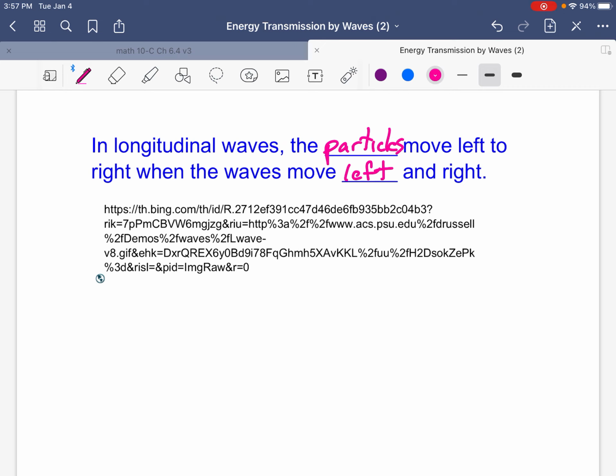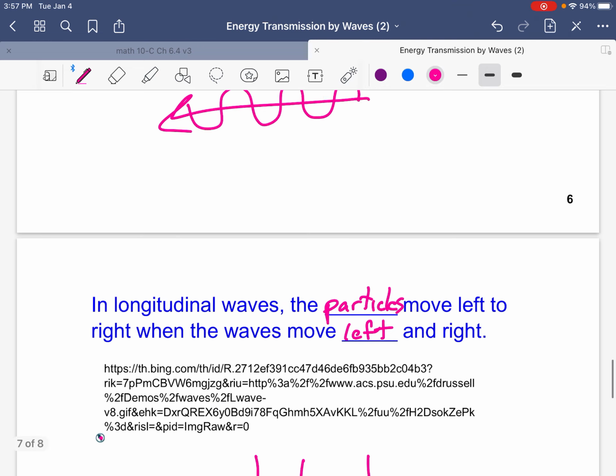Click on this, and of course, there's a PDF. Now this becomes another one of those GIF particles. You can see the waves moving left to right and the particles moving left to right. I'm not going to try demonstrating this. I'm not going to try drawing it. Go look at it. You'll see what I'm talking about.